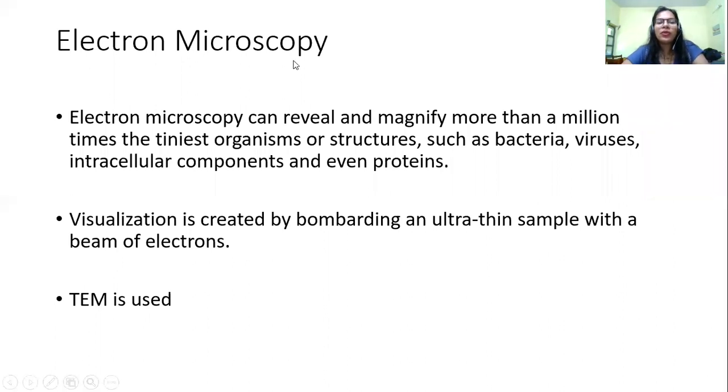Electron microscopy can reveal and magnify more than 1,000,000 times the tiniest organisms or structures. This visualization is created by passing a beam of electrons through an ultra thin sample. In the case of the freeze fracture technique, we have used TEM. What is TEM? It stands for transmission electron microscope.